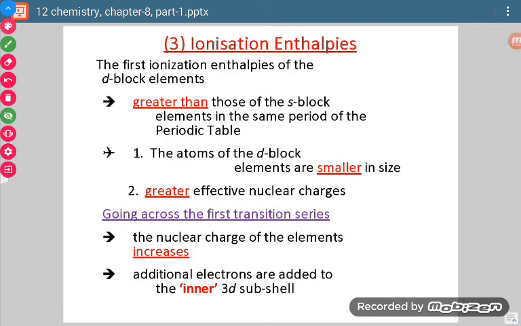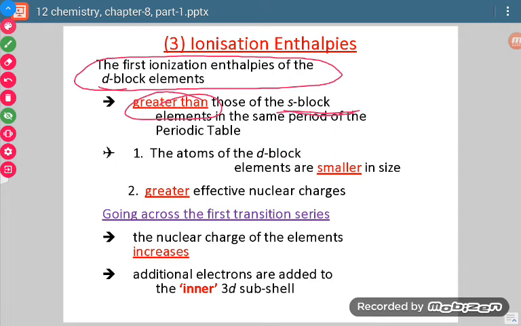Okay, now the next property is ionization enthalpy. In the case of ionization enthalpy, we know that it is the energy required to remove an electron from its outermost orbital in its isolated gaseous state. Now, if we compare the first ionization enthalpies of the d block elements, they are greater than those of s block elements.